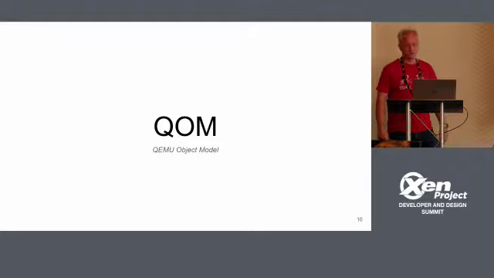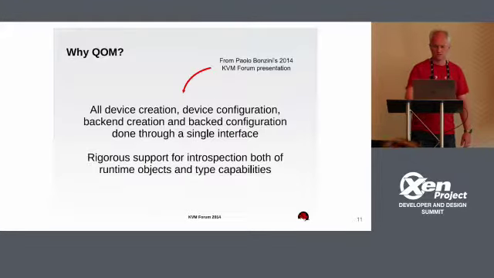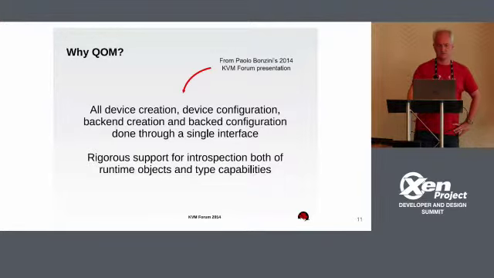So let's move on to QOM. QOM stands for QEMU Object Model. This is content I lifted from Paolo Bonzini's 2014 KVM Forum presentation, so a little bit newer. Essentially, it builds on what qdev started. It's a common framework for device creation, backend creation, every sort of object creation and configuration in QEMU.